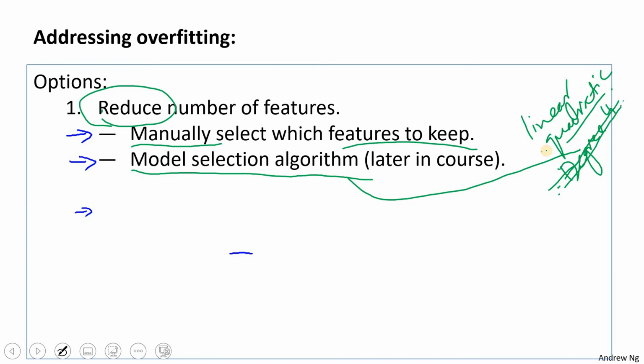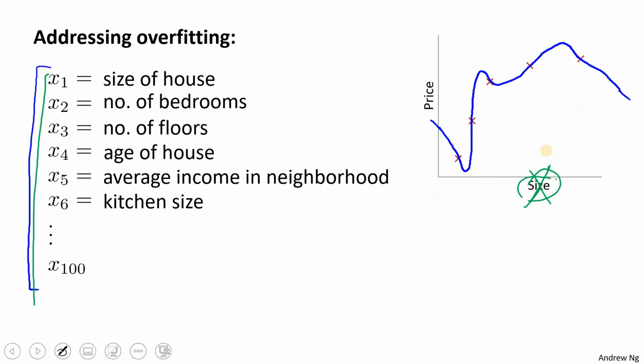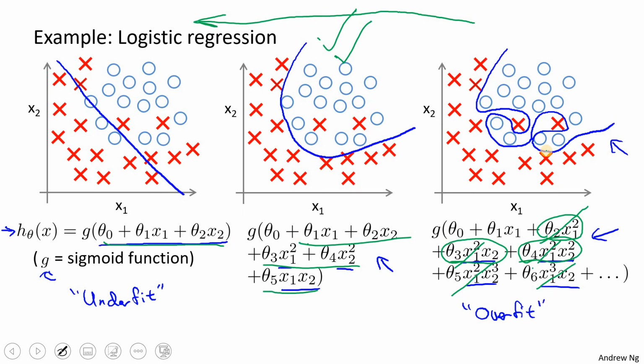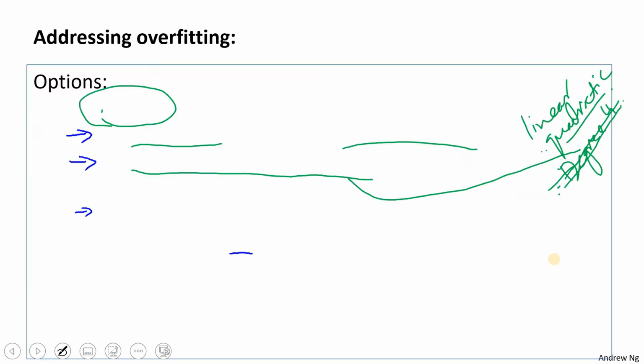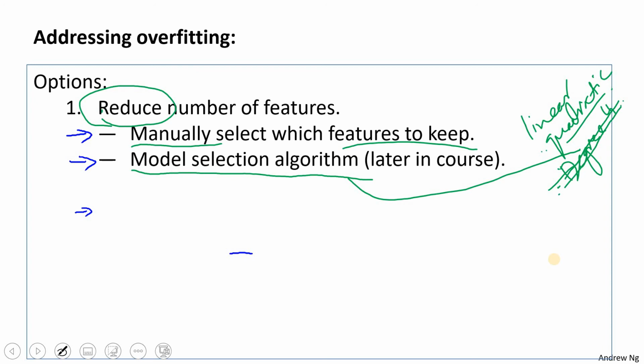It means reduce the number of terms in the equation. If you cancel these extra terms out, you remove them, your model will become simple. That's what is happening over here. So model selection algorithm or the number of features, it's almost the same thing.